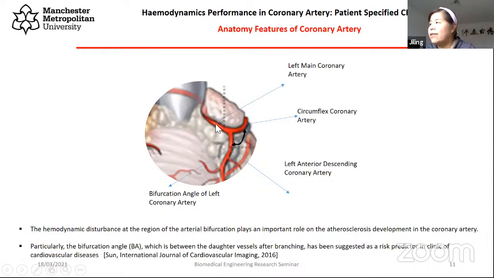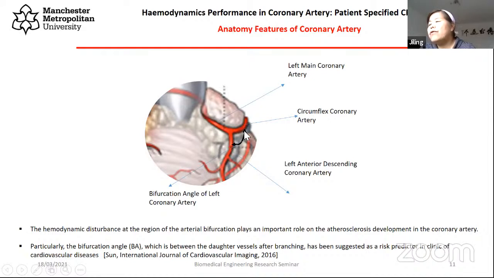Here, this left main coronary artery will split into two branches. That is the circumflex coronary artery, and this one is the left anterior descending coronary artery. Here, that is the angle.